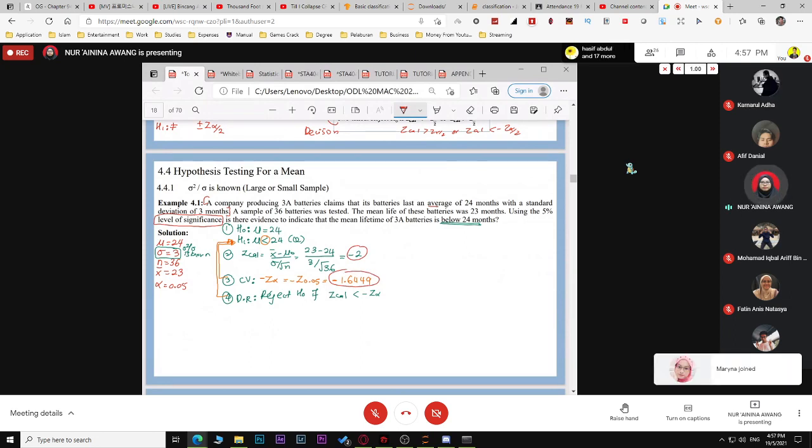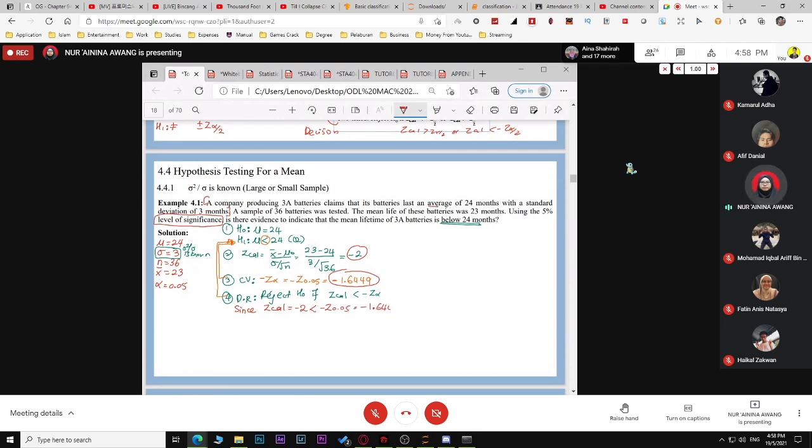So decision kita kata since Z calculated is equal to negative 2. So negative 2 is more than or less than negative 1.6449? Less than. Okay, so dia less than negative Z 0.05.